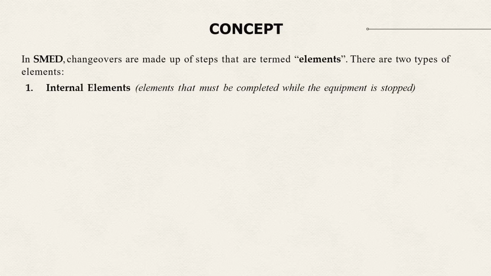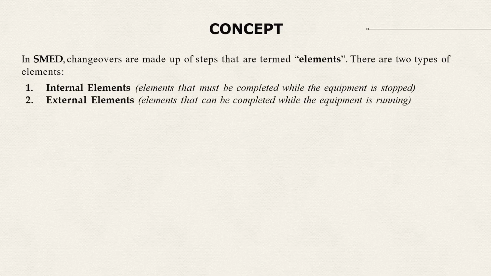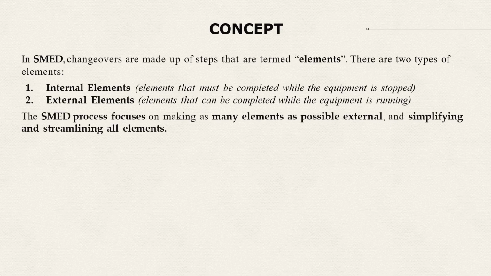Internal elements are the activity that must be completed while the equipment is stopped. And external elements. External elements are those activity that can be completed while the equipment is running. The SMED process focuses on making as many elements as possible external and simplifying and streamlining all elements.